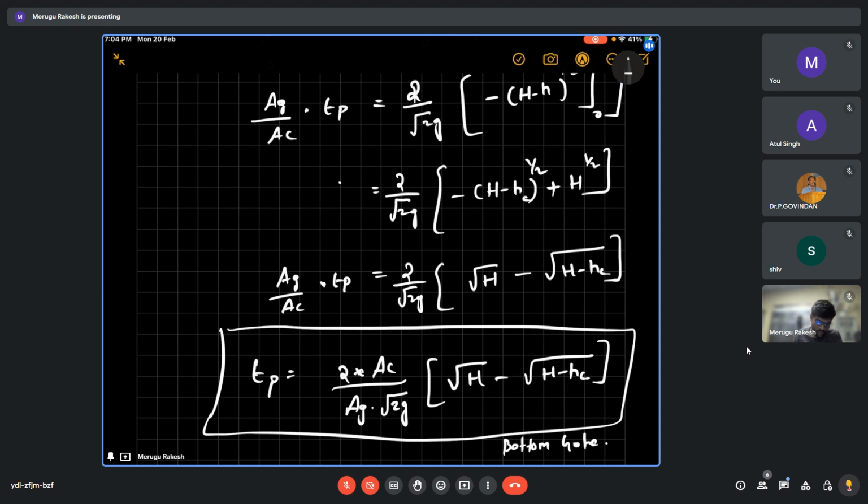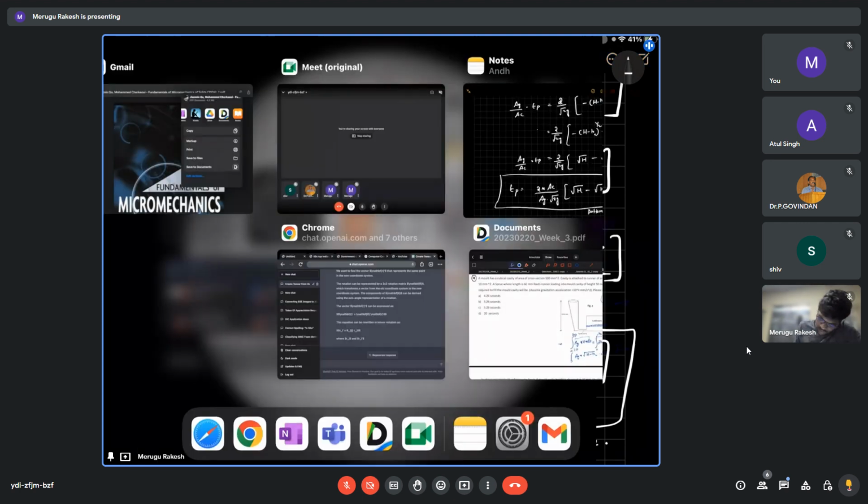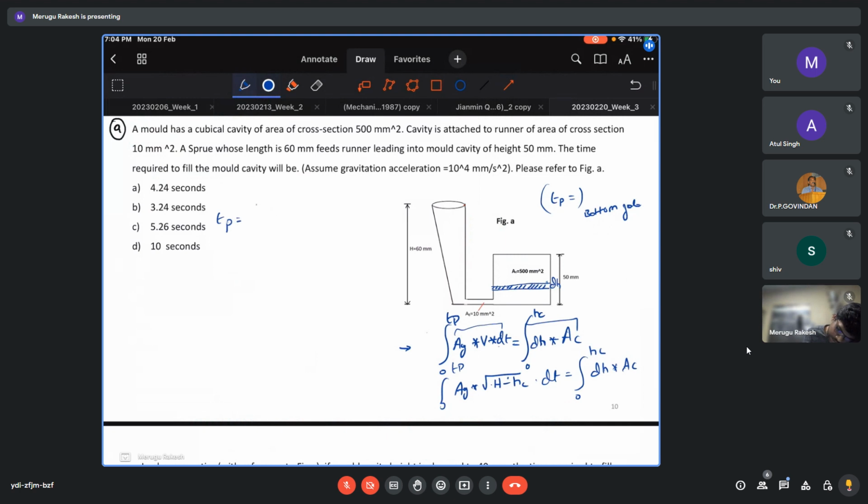So let me copy this formula to here. That is nothing but tp is equal to A casting divided by A gate, then 1 by under root 2g into 2 minus square root of capital H minus square root of H minus H casting.